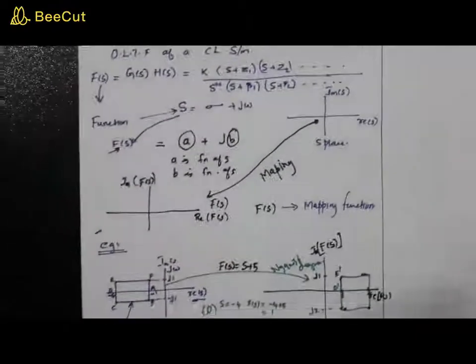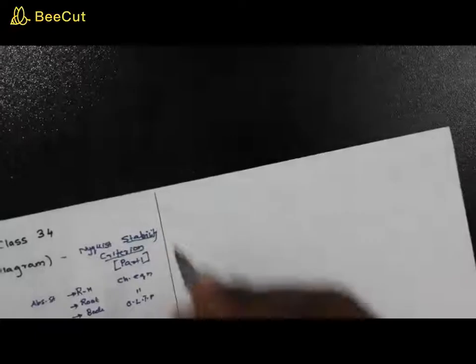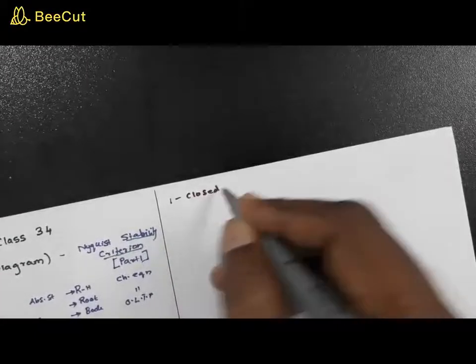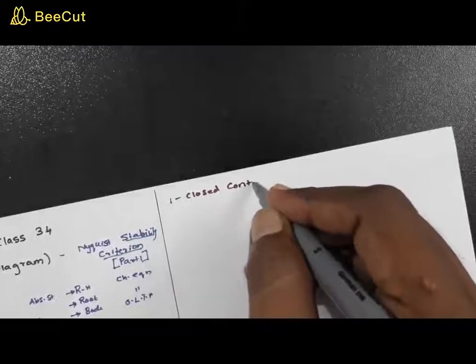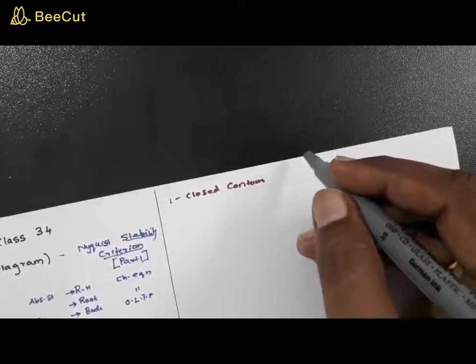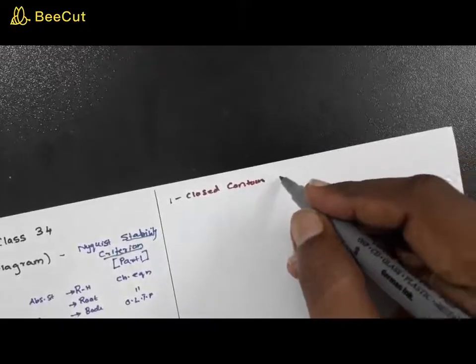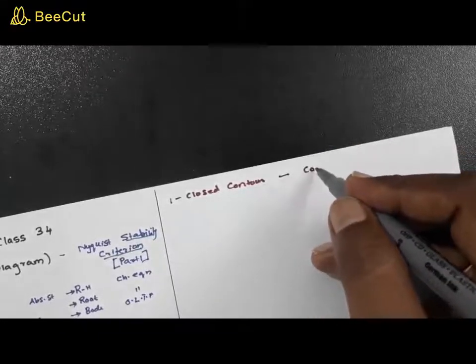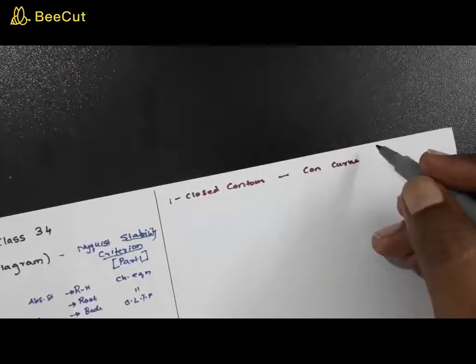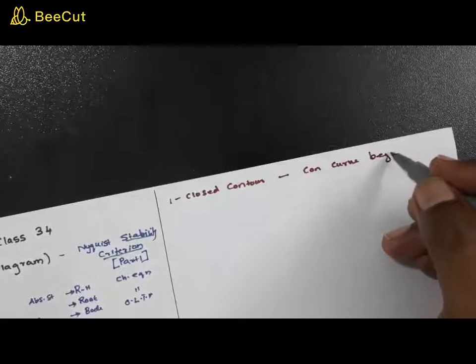So we have seen a closed contour. One is a closed contour. You know what is a contour. Now a closed contour in an S-plane is a continuous curve, beginning and ending at the same point.